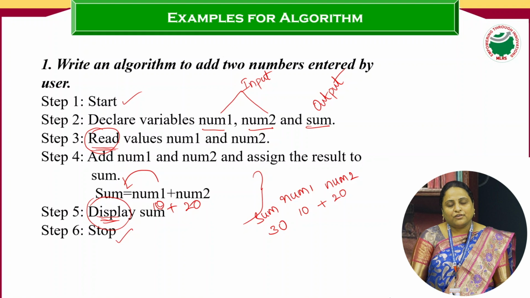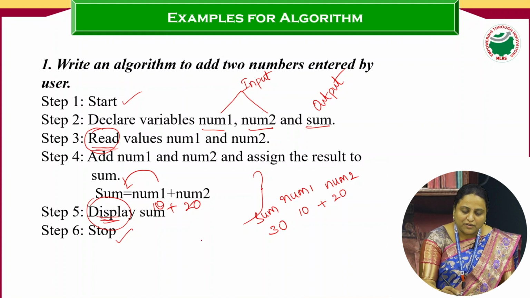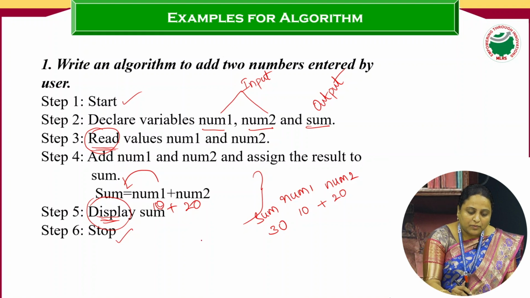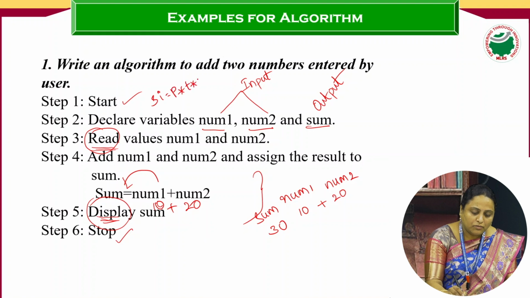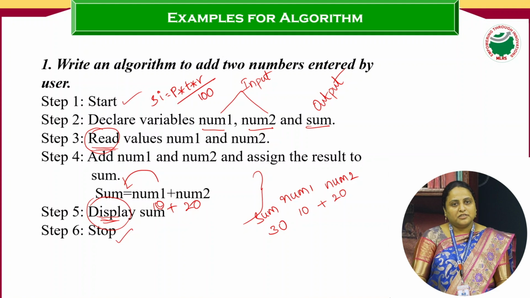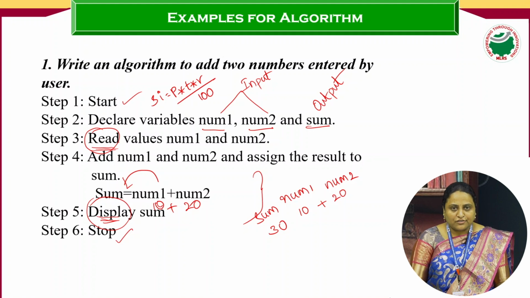So how many variables you are going to declare totally depends upon the problem. Suppose your problem is to calculate simple interest. As we have seen previously, what is the formula for simple interest? SI equal to P into T into R divided by 100. So here P is principal amount, T is the time and R is the rate of interest, where 100 is a constant value.